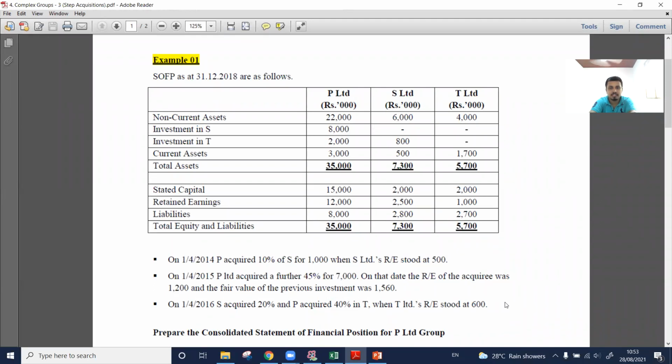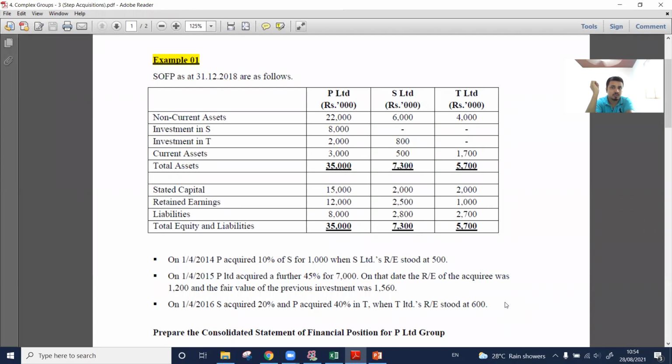So they have given quite a bit of acquisition information, right? Acquisition details. What should be our approach? What we need to do first? There are something more here.